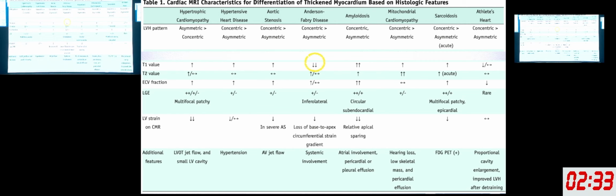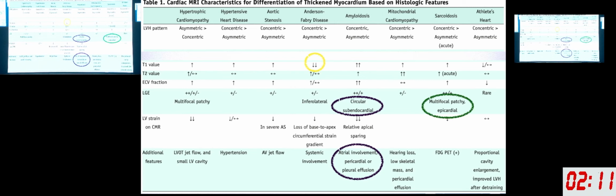The other etiology, it says there is inflammation, there is interstitial changes, but when it is down, it helps with Fabry's disease. When you're looking at amyloid, you're looking for circumferential, circular subendocardial enhancement, and look for atrial involvement. That also helps us in saying that this is amyloid.